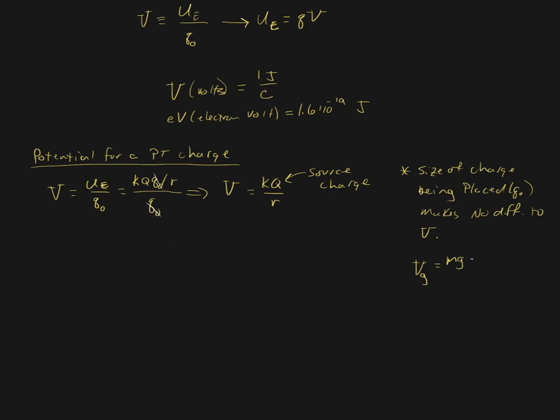So that would be mgh divided by m. The m's cancel out, and we end up with just g times h. So gravitational potential doesn't have anything to do with the mass of the object being placed. It has everything to do with the mass of the source, which in this case, for g, the gravitational field, the source is the Earth. So only the mass of the Earth would matter.